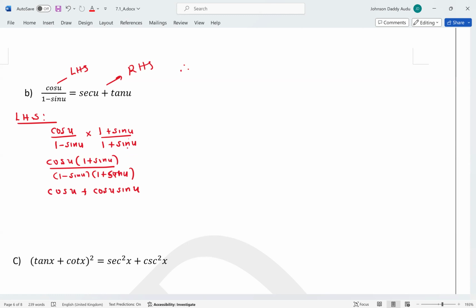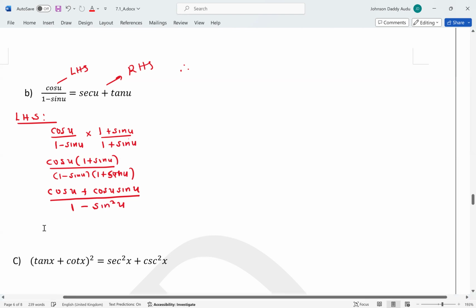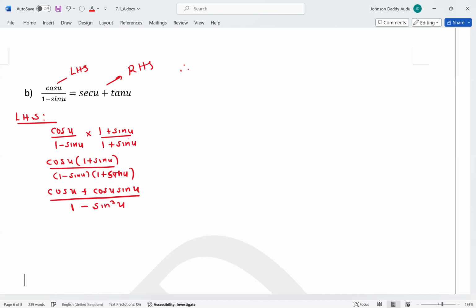Now divide by this one, which will be 1 minus sine squared u, right? And this is going to be cosine u plus cosine u sine u over, the denominator is just cosine squared u, right?